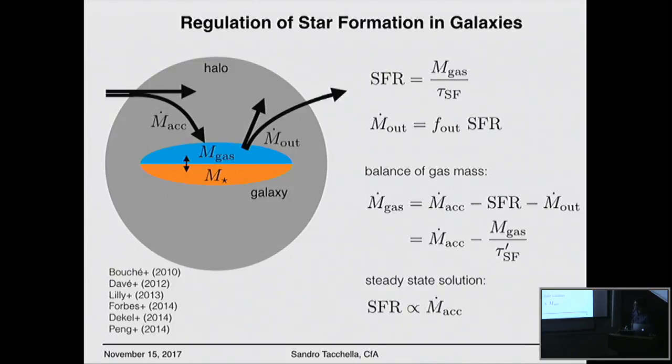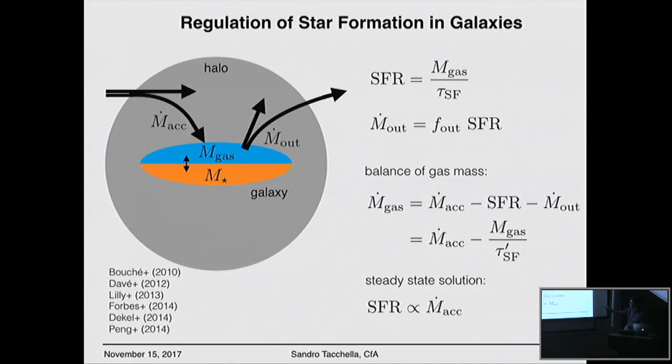And so we can find a very simple solution, especially in the regime where the changes in accretion rate are on longer timescales than the star formation timescale. So if the regulator can react on short timescales in comparison with the change in accretion rate, then we go into a regime with a steady state solution where the star formation rate is just proportional to the accretion rate of this system.